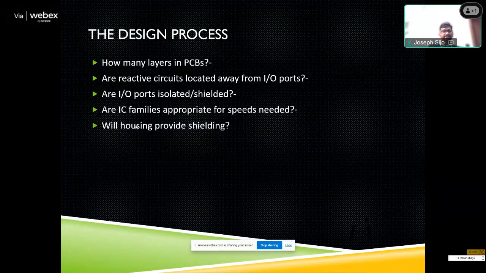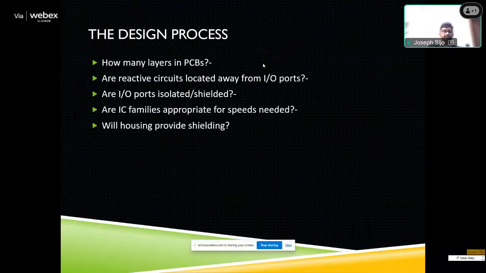So, some major aspects in the design phase. Initially we have to check how many layers the PCB has, and also the input and output ports. In most PCBs, they keep the input, output, digital and analog inputs apart from each other to avoid signal distortion.